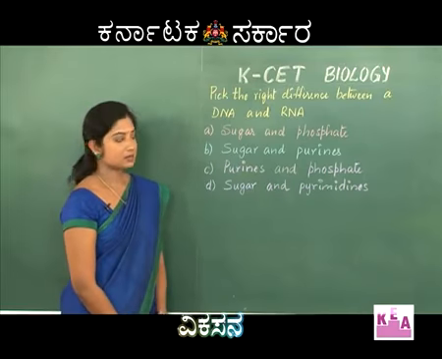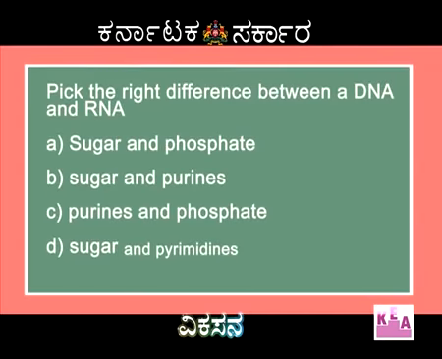The next question, pick the right difference between a DNA and a RNA. Options are sugar and phosphate, sugar and purines, purines and phosphate, sugar and pyrimidines.